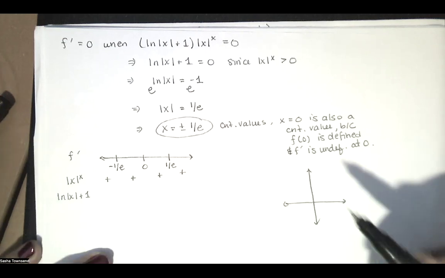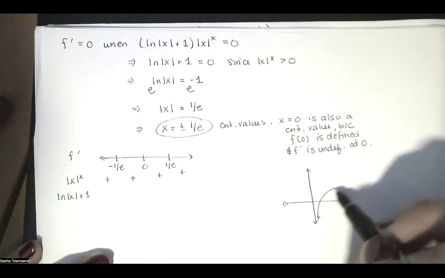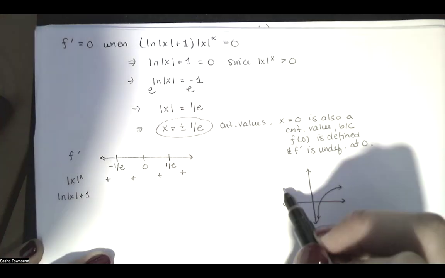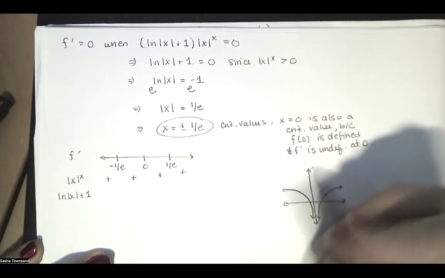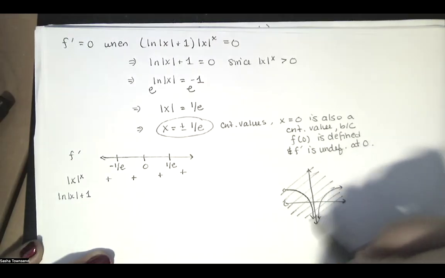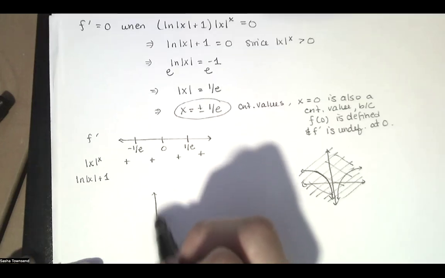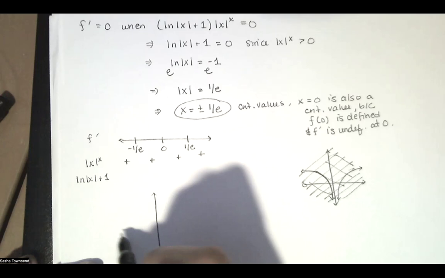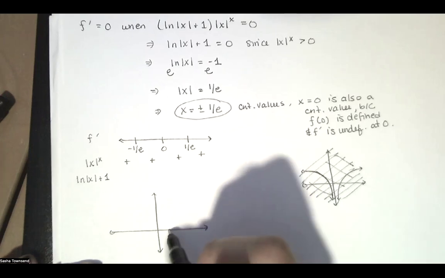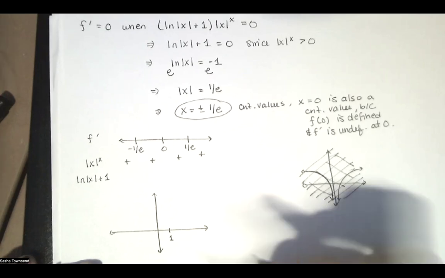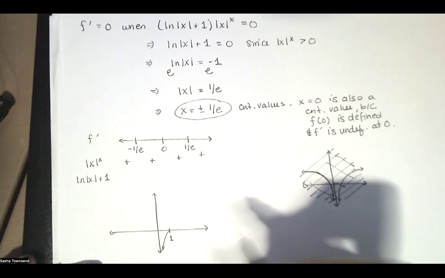Natural log of the absolute value of x, we said it looks kind of like this. Oops, I'm sorry, I didn't do a very good job with that. Let me try to graph that again. When x equals 1, y equals 0. And then it has this basic shape.